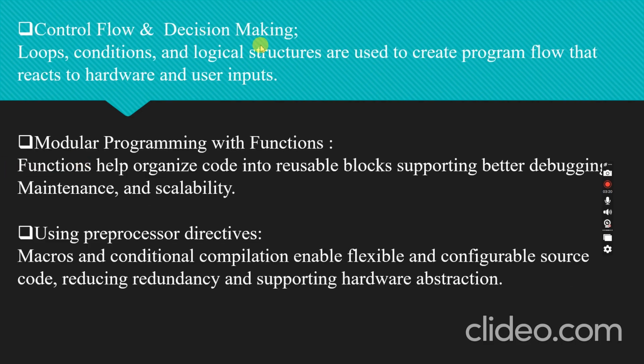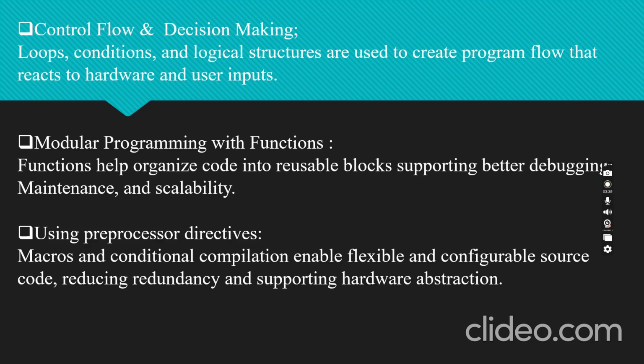Here, control flow and decision making. Loops, conditions and logical structures are used to create program flow and react to hardware and user input. Think first that we are making a washing machine. We are working on a washing machine project.